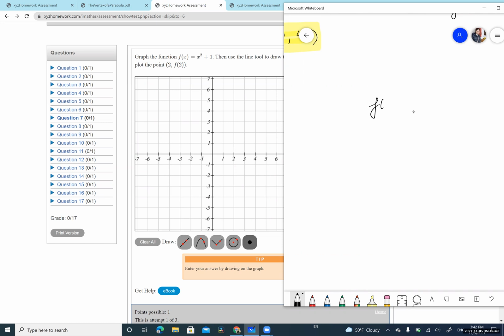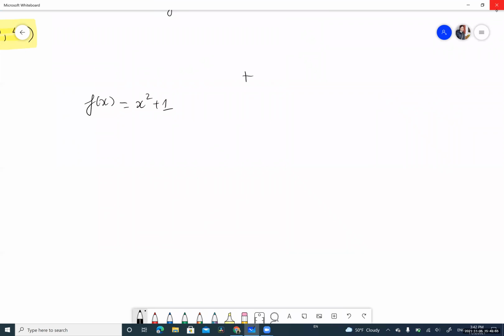So now we have f of x equal to x squared plus 1. Remember that h is equal to negative b over 2a, and k is just plugging h into the function, which means f of h, right?